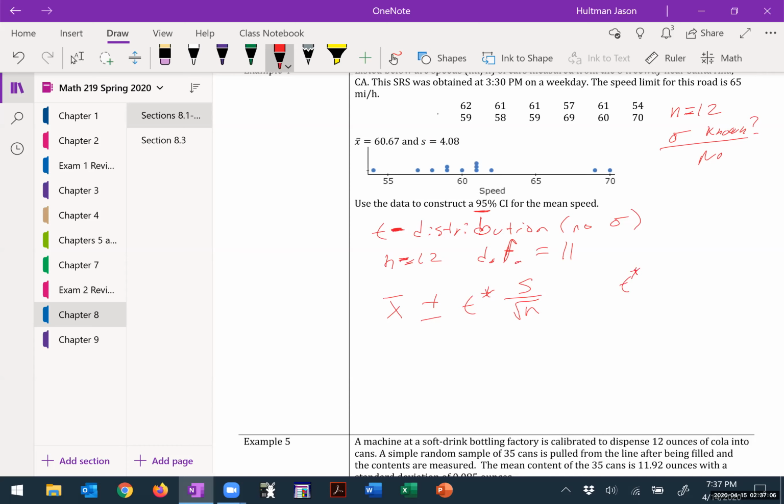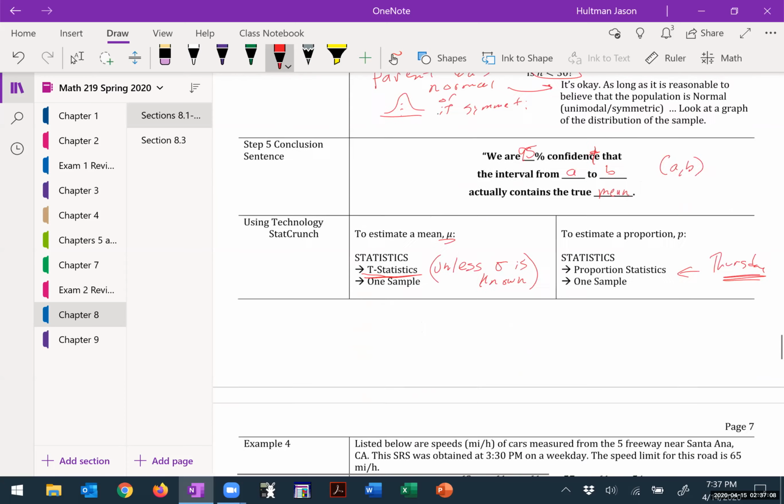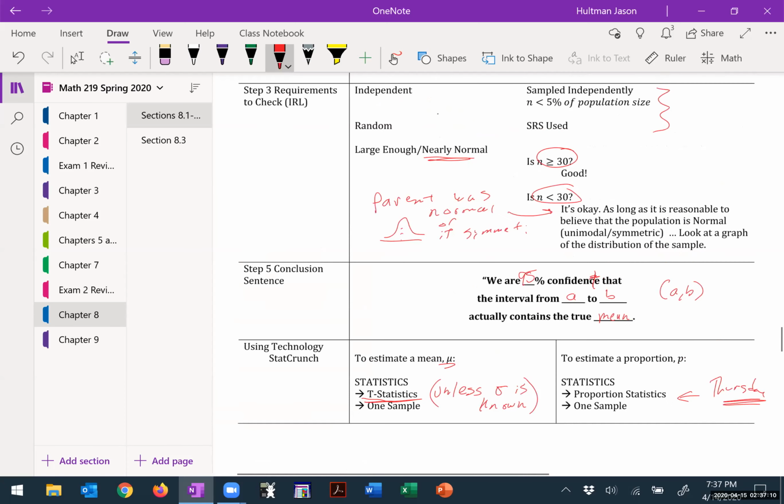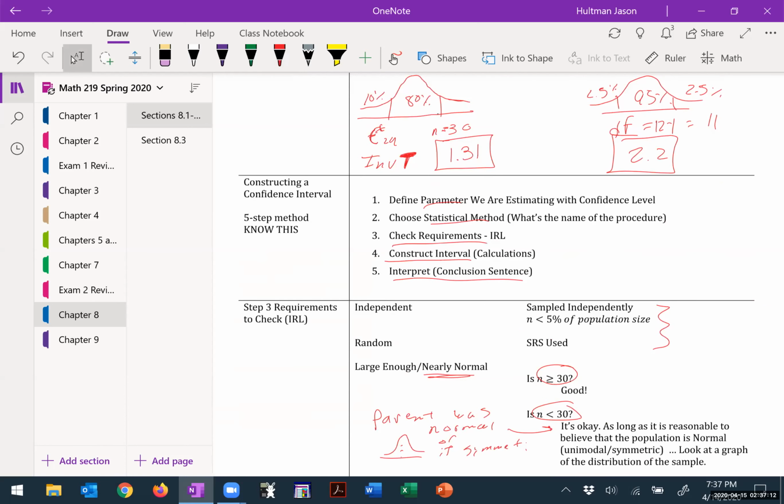T star for 95%. Did we do that already? Did we find some t stars? Oh yeah, we did. We did it for 95 at 11. Look at that. That's called forward thinking in your notes. For 12 items, we did a 95% confidence interval.